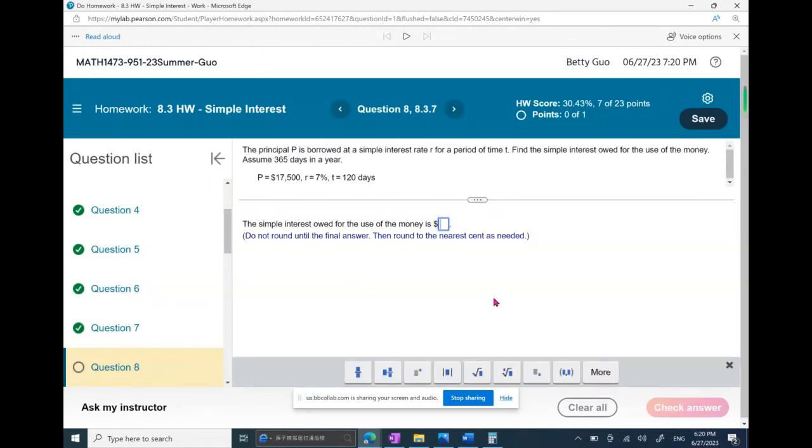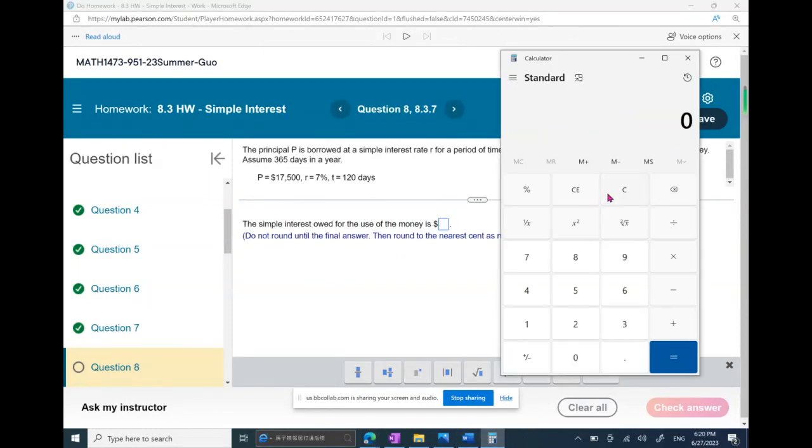Simple interest I equals P times R times T. But T must be the time in years. Okay. Principal is 17,500 multiplied by interest rate 7%, that is 0.07, multiplied by time in years.